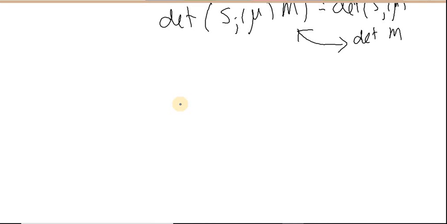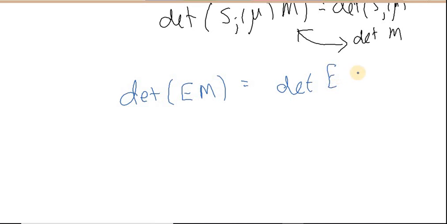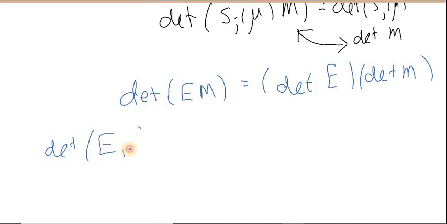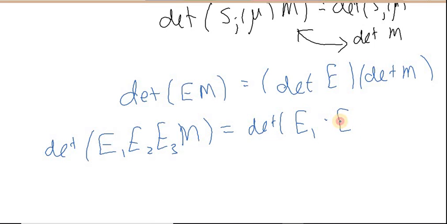Now we've just seen that the determinant of any elementary matrix times a matrix is equal to the determinant of E times the determinant of M. Now suppose I have this determinant of E1, E2, E3 times M. Well, this can be considered as the product of E1 times E2, E3M.